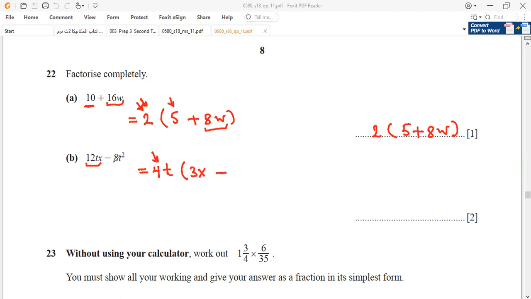Minus, divide 8t to the power 2 by 4t. 8 divided by 4 is 2. t to the power 2 divided by t equals t. So the answer here is 4t bracket 3x minus 2t.